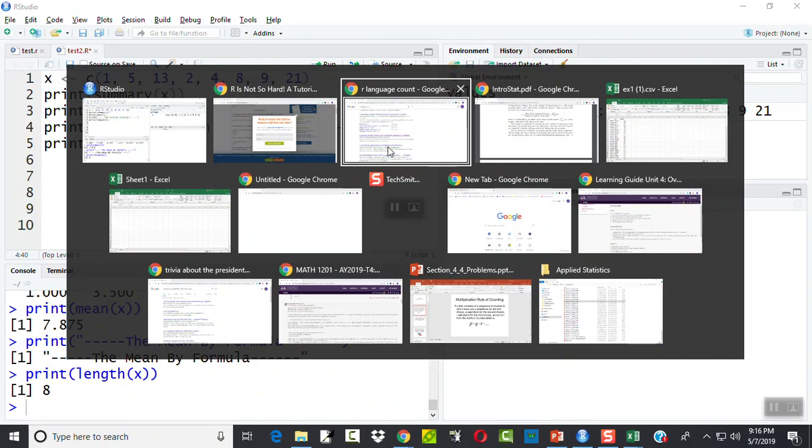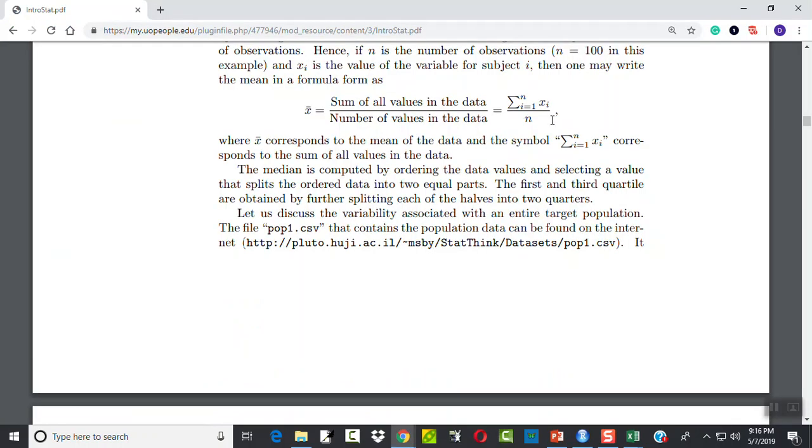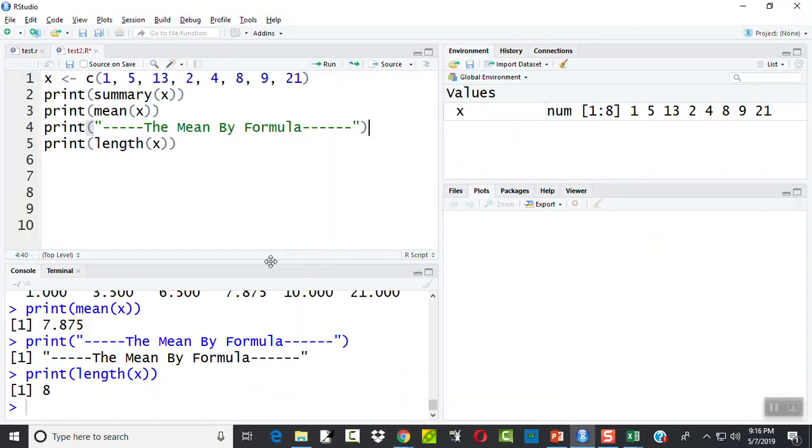So back to our formula. We want to add together the x values, and you can do this different ways. x sum is equal to the sum of the x values.